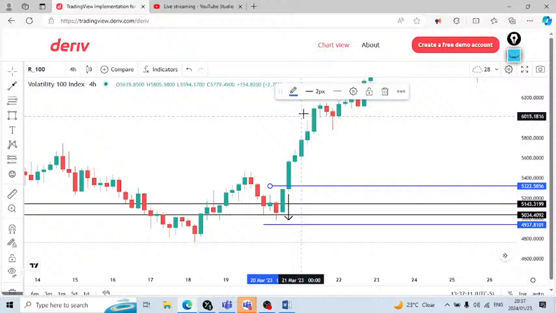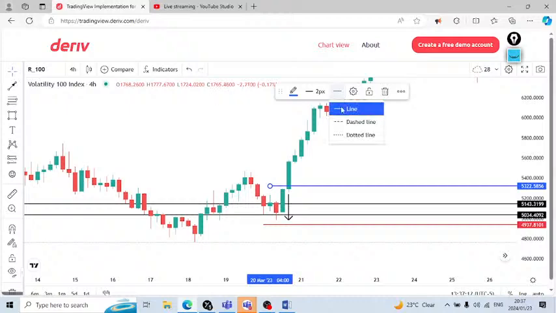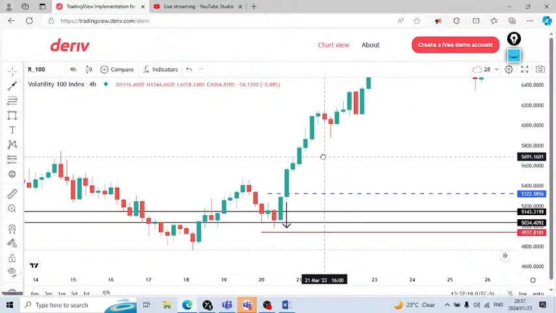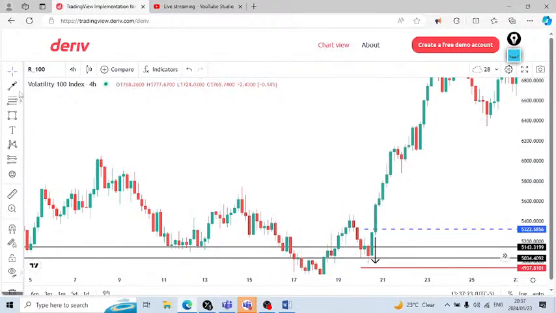So your stop loss is here, let's just choose red, and your entry is going to be at this particular level here.